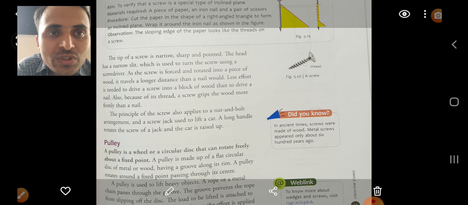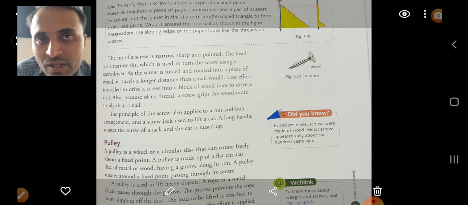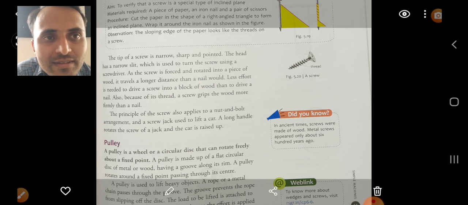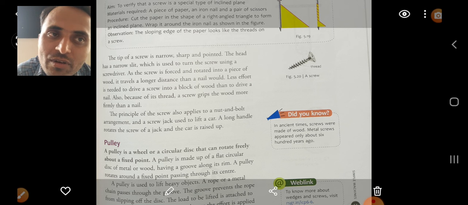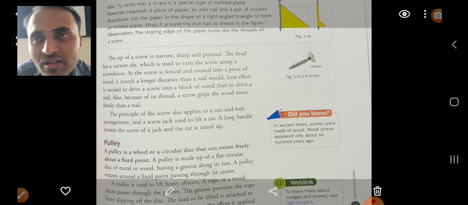The principle of the screw also applies to the nut and bolt arrangement, and the screw jack which is used to lift a car. For lifting the car we are using the jack, and for the nut and bolt we are using the same principle which is found in the screw.